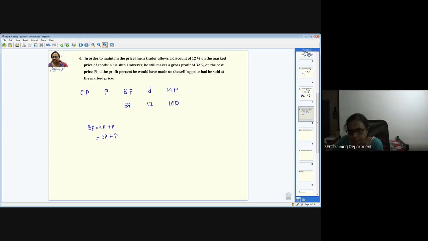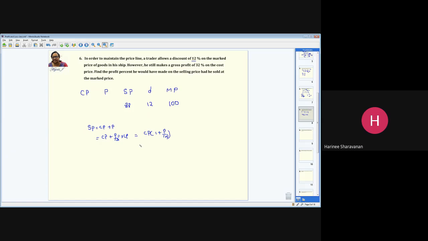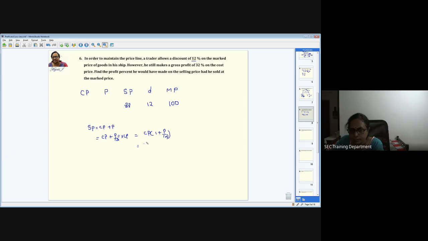This is nothing but profit percentage into cost price, or you can say cost price into 1 plus P by 100. So CP into 1 plus 32 by 100, which is nothing but 1.32 CP.